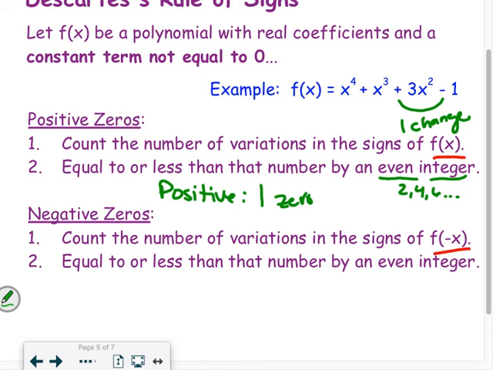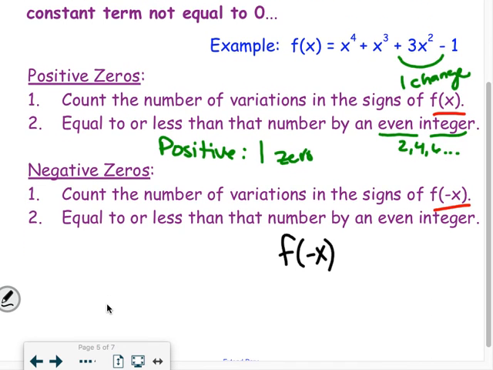For the next one, the negatives, count the number of variations in the signs of f of negative x. You'll remember doing f of negative x back in chapter 1 when you were doing even and odd tests. Know that you're not testing for even or odd functions, so you don't have to prove this. I don't need to see all of your work. So I'm just going to figure it out.